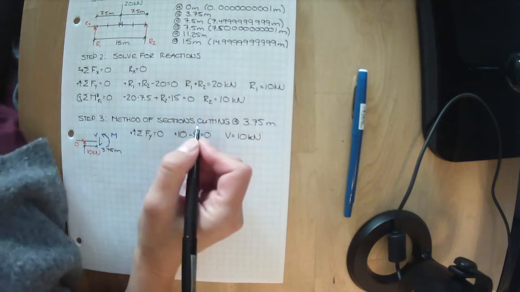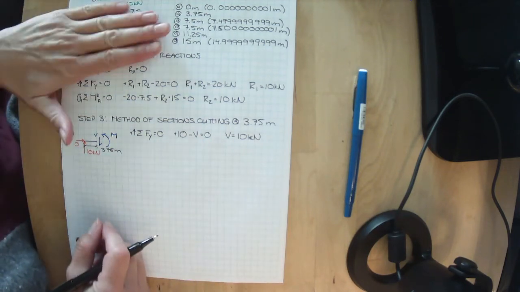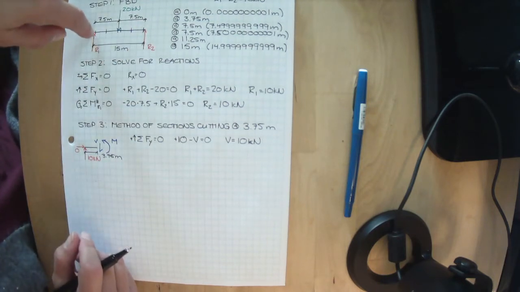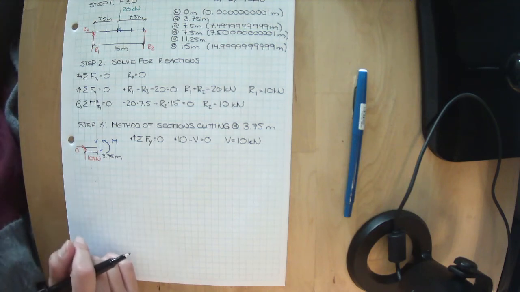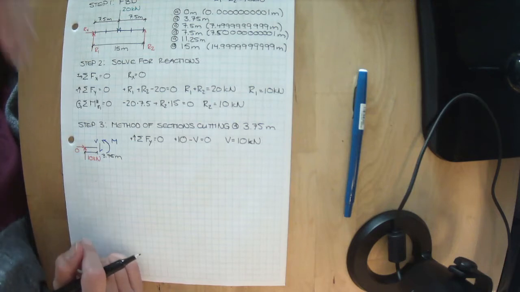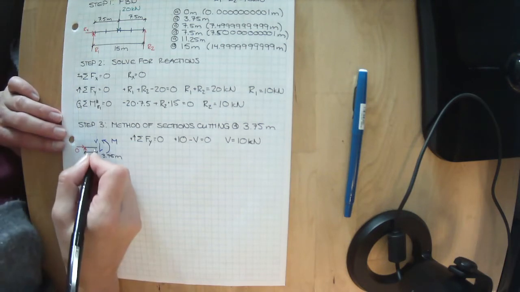Let's try summing the moments about a point. Now, when we were doing our overall free body diagram, I was lazy and always picked that point right there. I'm going to mix it up on you a little bit. Because the point we pick, anything passing through that node doesn't cause a moment on it, I'm going to be kind of lazy.